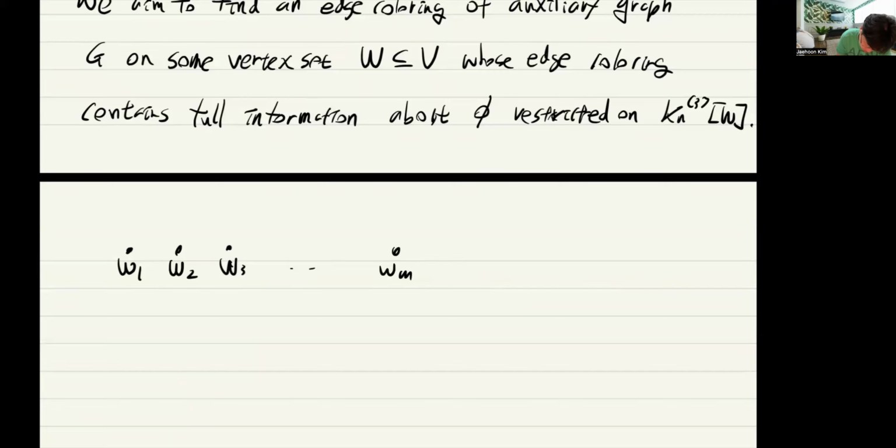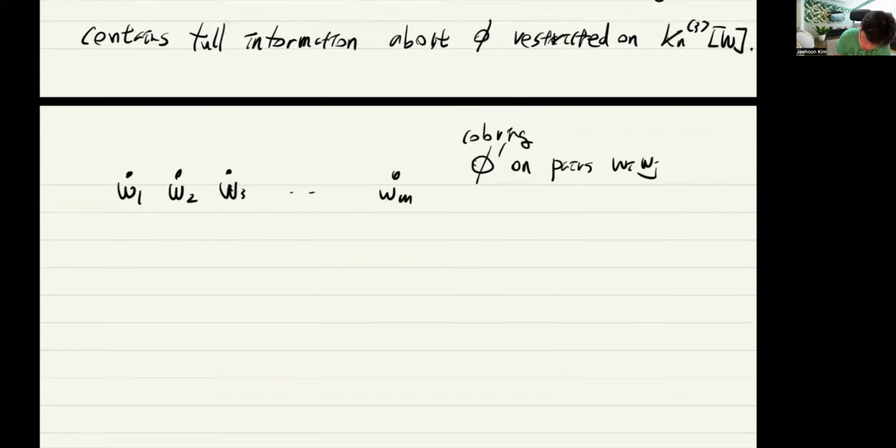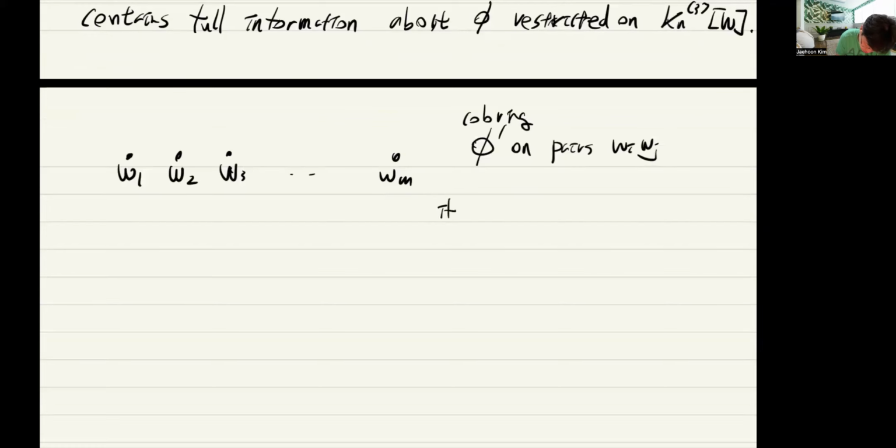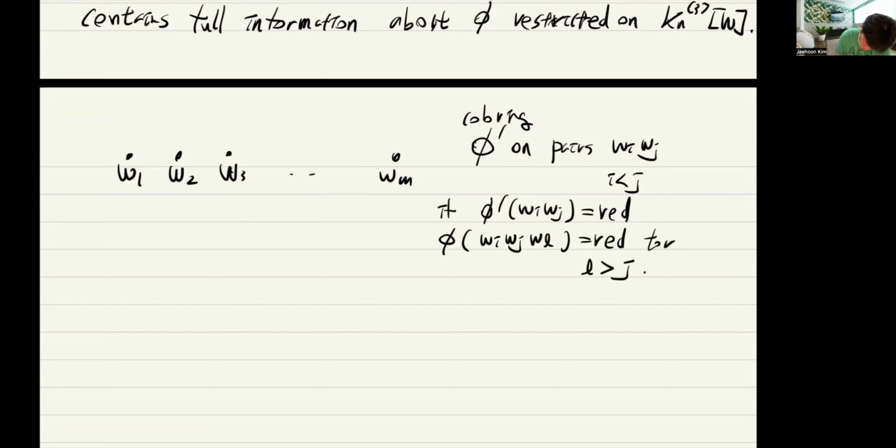We want to find some coloring pi prime on the pairs, a coloring on the pairs Wi, Wj. But what do you want? If pi prime of Wi, Wj, with say i less than j, is red, we want to make sure that pi of Wi, Wj, Wl is also red for all l bigger than j.